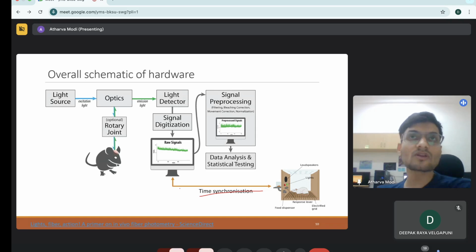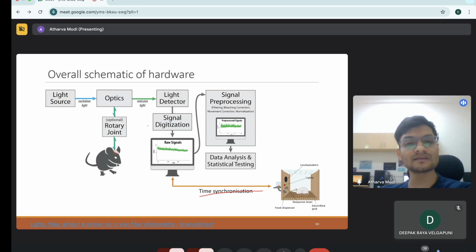For those who are not familiar with this, the detector and digitization and all the electronics here work on some clock, and that clock is independent of the clock measuring the behavioral events. Both are on different clocks. So at every measurement you need to send the time of behavioral events in this. You need to synchronize both the clocks.